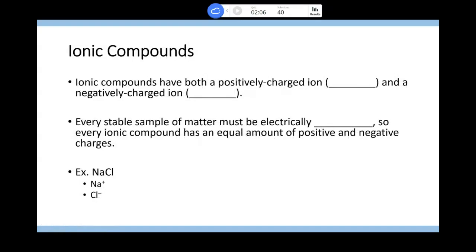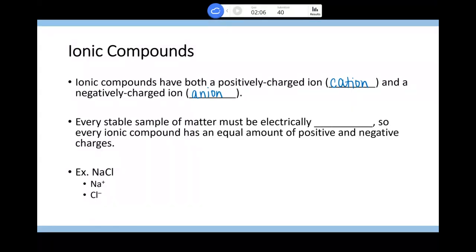So when we have an ionic compound, we always have a positively charged ion. Remember that positive cation. And we have a negatively charged ion, or an anion. So we have something that's positive, something that's negative.